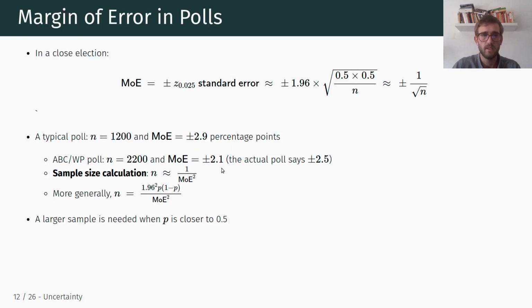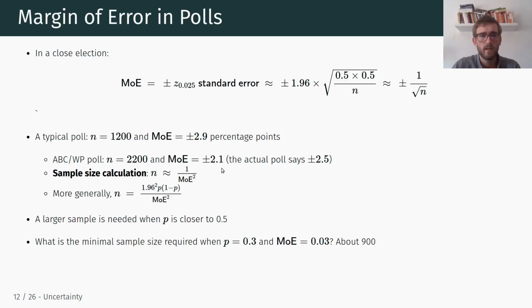That means we need a larger sample when p is close to 0.5. So for a very close election, we need a larger sample to achieve the same margin of error, or in other words, the margin of error increases as the election gets closer.